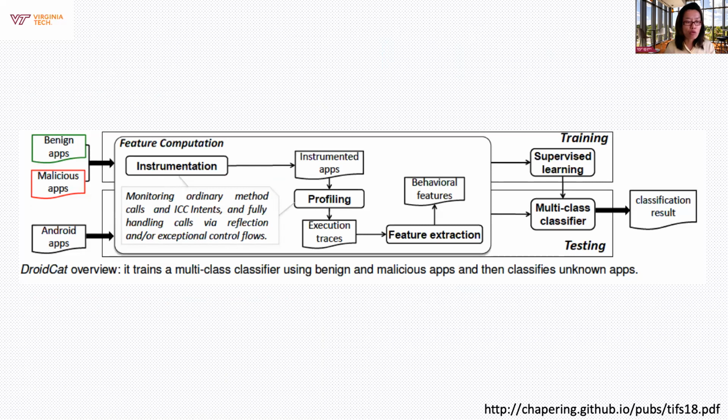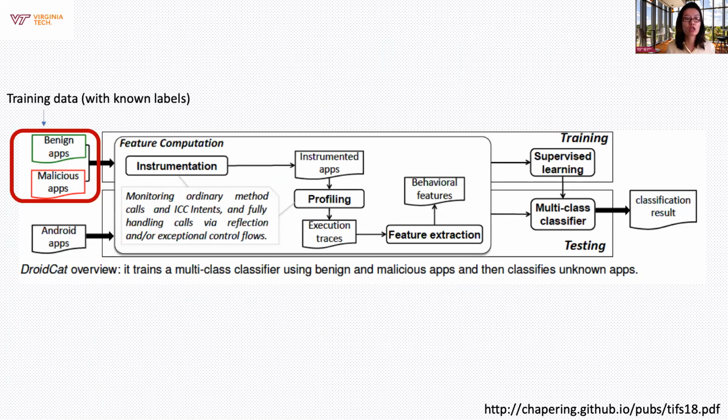This is a figure from a paper that one of my former postdocs led on dynamic analysis work for Android apps. The idea is still malware classification. You want to identify whether some Android app is benign or malicious. To do that, you have some training data.